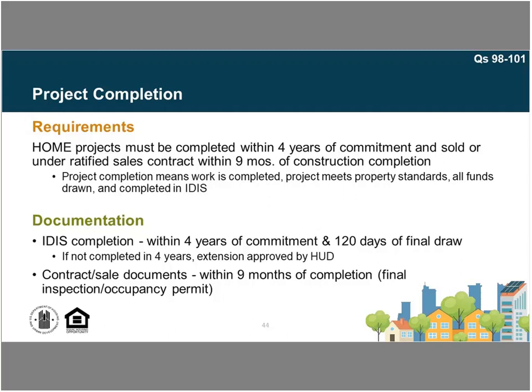And then we also want to have a ratified contract or a sale occurred within 9 months of completion. This is evidenced in the file by a final inspection or an occupancy permit. And if it was not sold, the file should have evidence that it was converted to rental or that the funds were repaid.